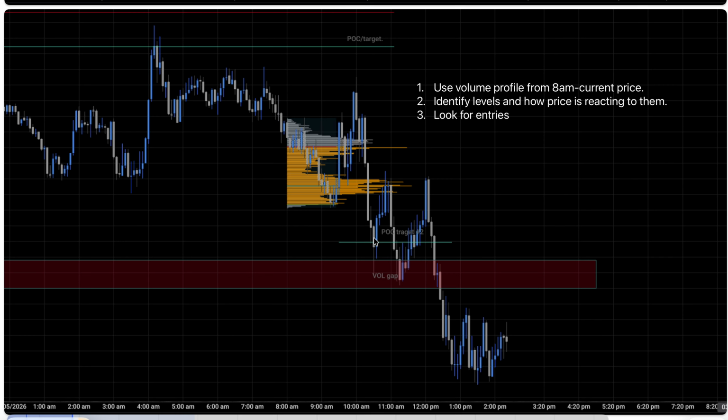So as we expected, price came all the way down, touched the POC target. It had a little retracement, but we broke the level and fell into the volume gap again. We know this is a strong key level again, how we explained before, and price rejected this level again as expected, and then it came back down and price rejected it again.